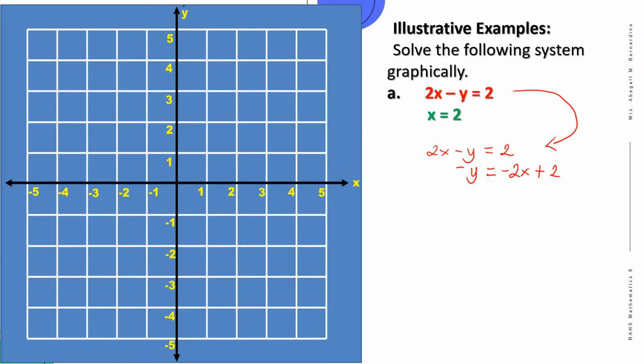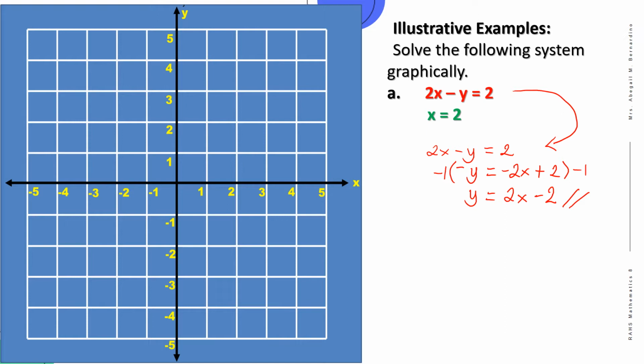Then, we're going to multiply both sides by negative 1. Then we have y equals 2x minus 2.